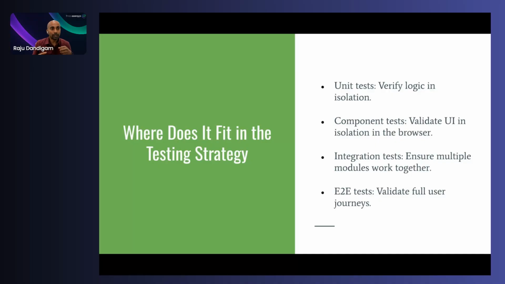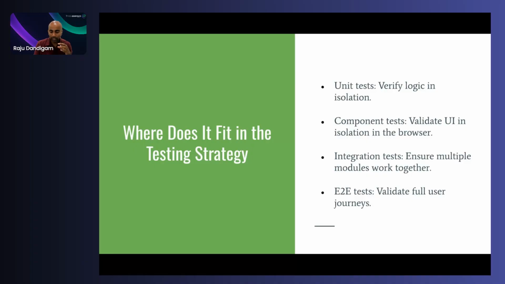So where does this fit into the testing strategy? If you visualize the testing pyramid, we have unit tests at the bottom, then we may have integration tests, and then end-to-end tests. The component test sits just above the unit test, where it makes sure the components behave correctly before wiring them together into the complete end-to-end test, whereas the unit test verifies logic and pure functions.